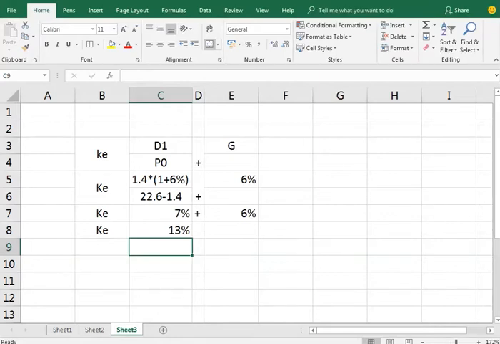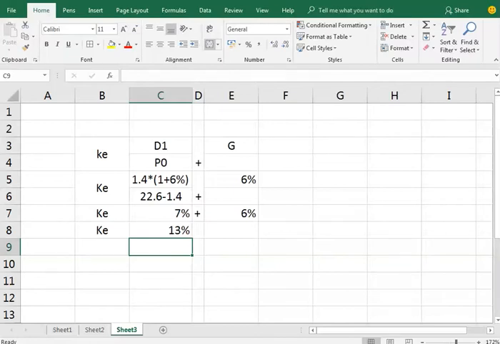Next, NPV of the project equals present value of inflow minus present value of outflow. My inflow, I'm going to interchange the formula, becomes cash flow of year 1 divided by cost of equity minus growth rate.